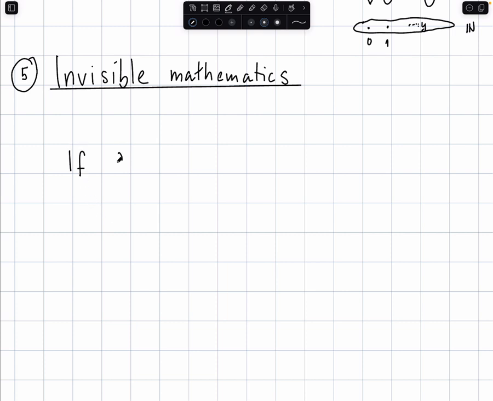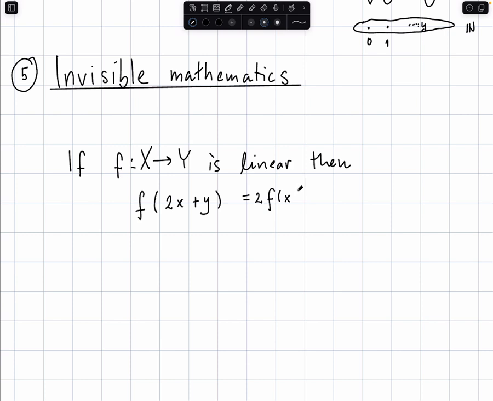If f from X to Y is linear, then f of 2x plus y equals 2 times f of x plus f of y.